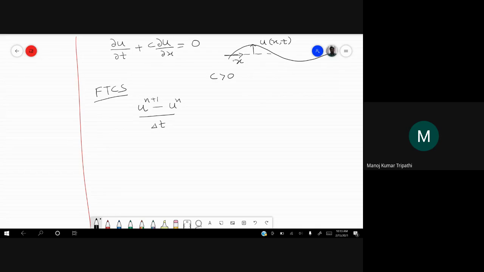Okay, and we are at ith grid point plus c, and let us say, so because this is forward in time, the indices in time will be n here when we are discretizing with respect to x, minus u at i minus 1, by 2 delta x, okay, equal to 0.